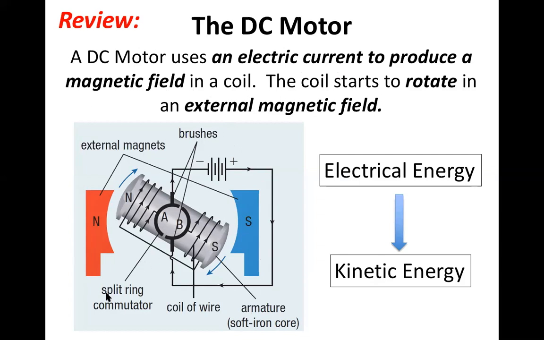The star is the split ring commutator that allows for the rotation to be continuous. And it's electrical energy, because we have a battery or a power source, to kinetic energy or motion, because we've got this armature rotating around continuously.